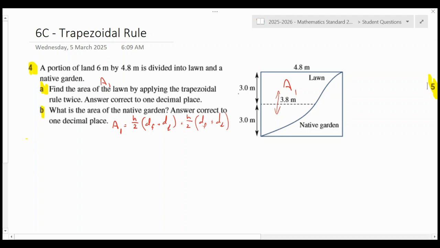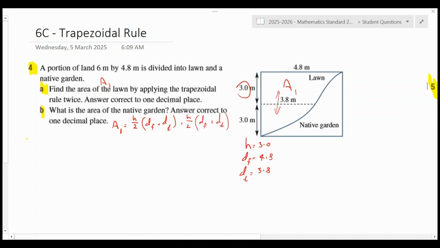Our h is going to be 3 meters, so h equals 3.0. Then df equals 4.8 and dl equals 3.8.